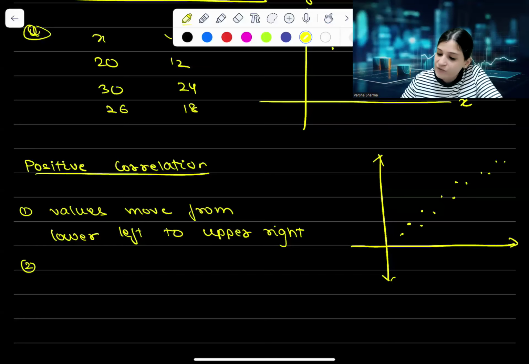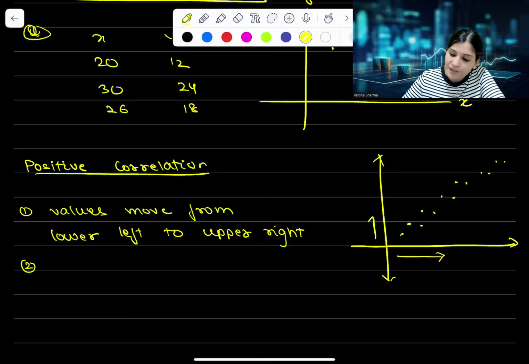As we move right, the values of x are increasing, and as we go up, the values of y are increasing. That means same direction movement.